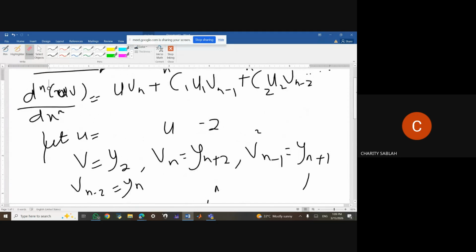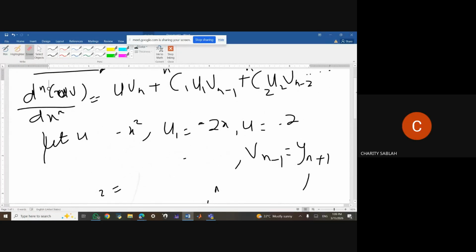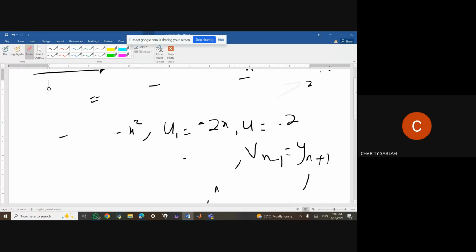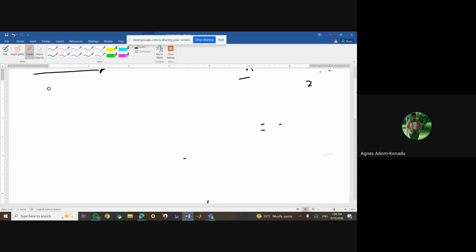Madam, for the example we just solved, someone was of the notion that for the v, being equal to y sub 2, its differentiation should be y2.